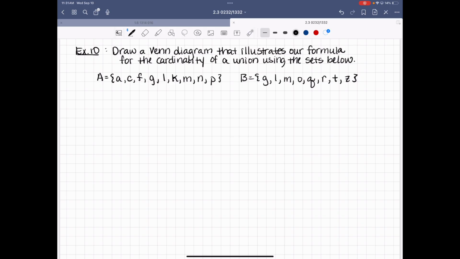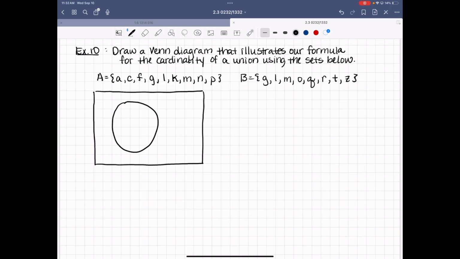Well, we have two sets, so that's my rectangle with only two circles. So we have A, we have B, but this time there are elements that go in A and B. We're not just labeling the regions.